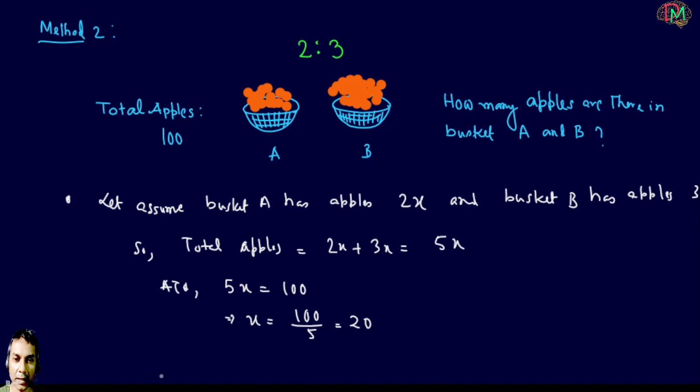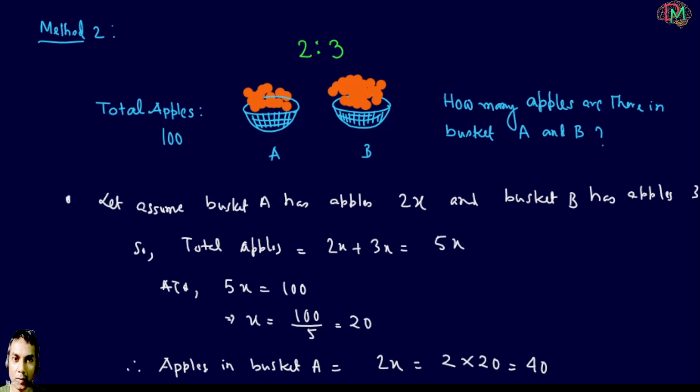From here we can get the apples in basket A, which is equal to how much? That is 2x, which is 2 into 20, so it is 40. Got it?